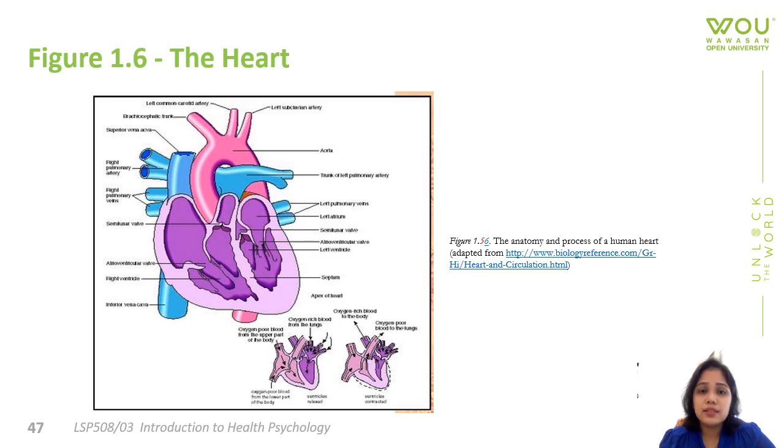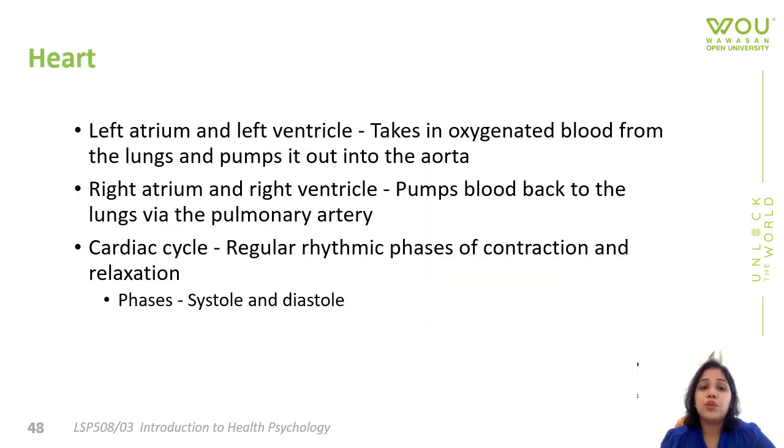Briefly, the heart has different parts and functions as well. Left ventricle, and then the right atrium and the right ventricle. So the left atrium and left ventricle take the oxygenated blood from the lungs and pump it out to the aorta.